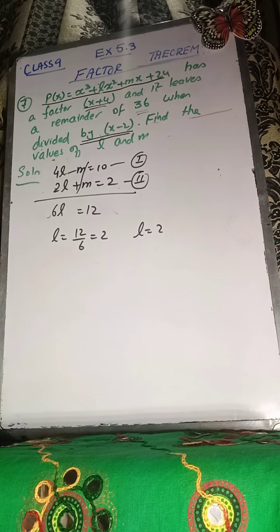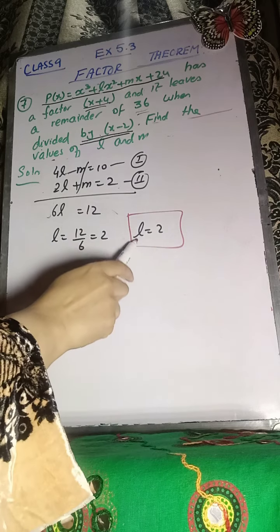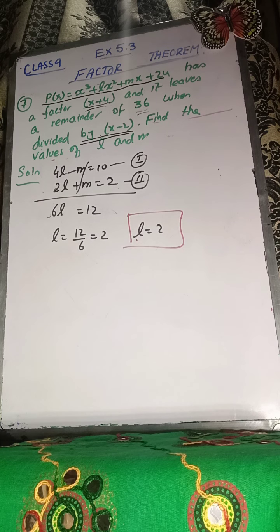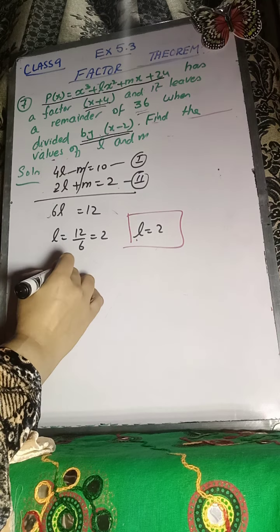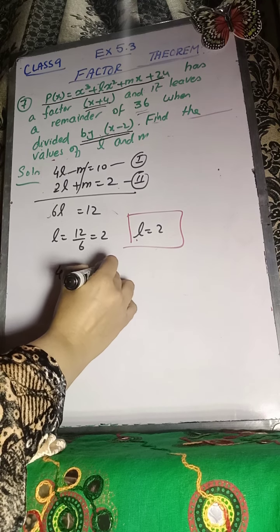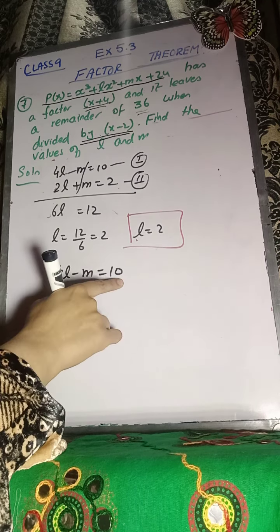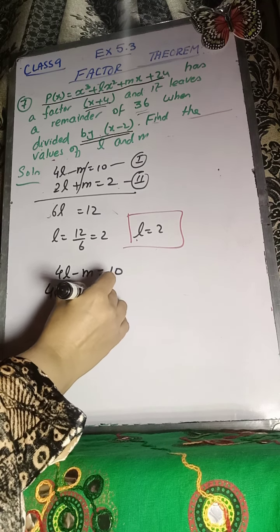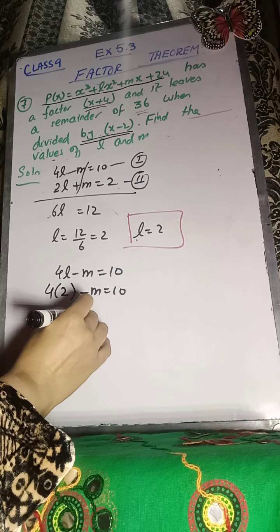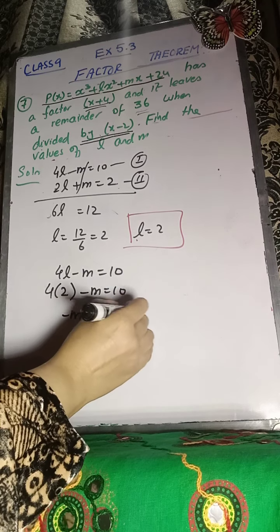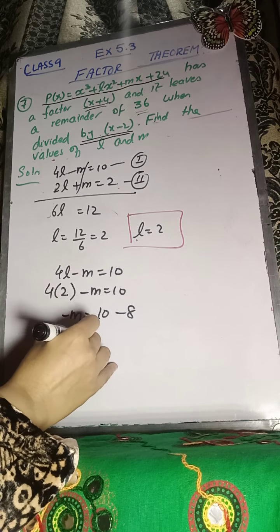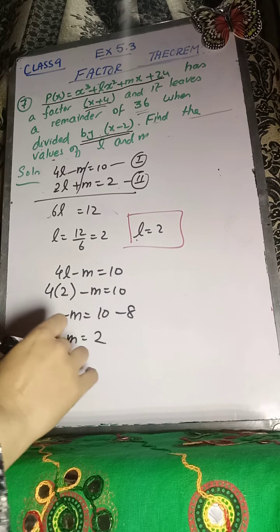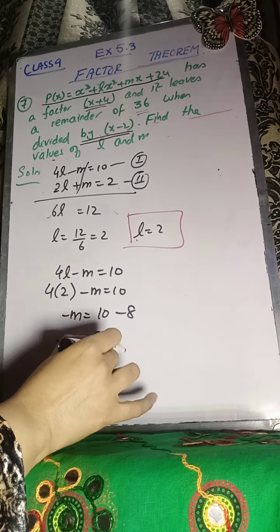Now putting the value of L in any one of these equations, we can easily find the value of M. Let me take this equation, 4L minus M is equal to 10. Putting the value of L, this will be 8 minus M is equal to 10, and negative M will be 10 minus 8. So negative M will be equal to positive 2 and M is going to be equal to negative 2.